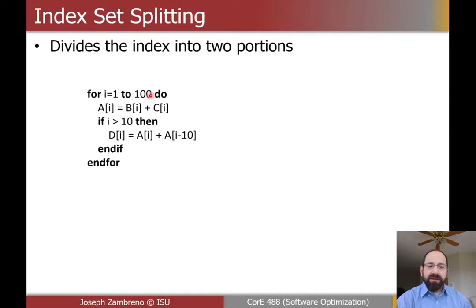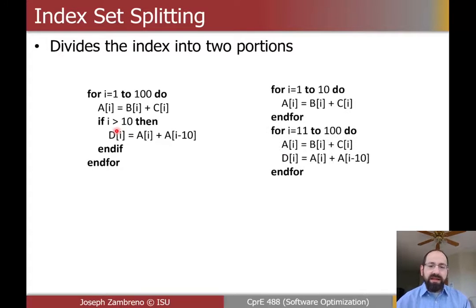Index set splitting is another common optimization that can be applied here. And again, these are all synthetic examples, but this is the type of thing that our code tends to have inside it, right? Where we have a for loop where there's the steady case, and then there's the exception case, where in this case I equals 1 to 100, we always do the vector addition, but only if I is greater than 10 do we actually do some additional manipulation of our arrays and store an additional value.